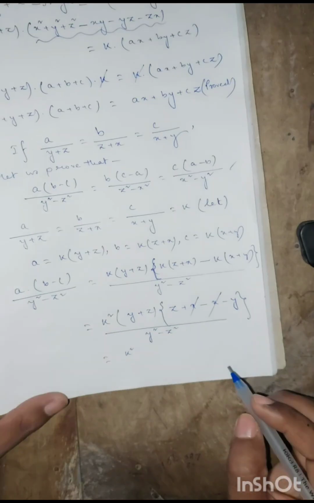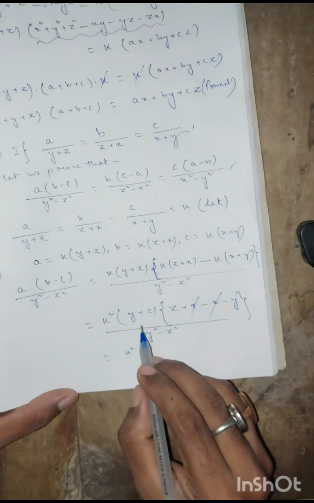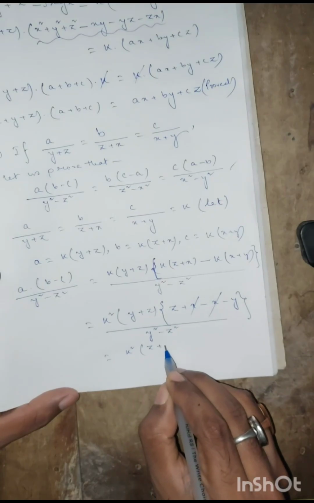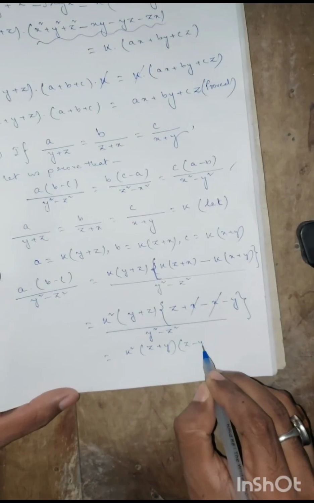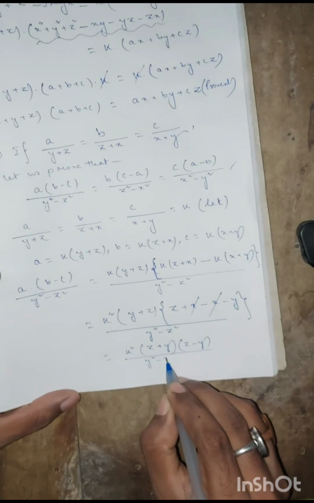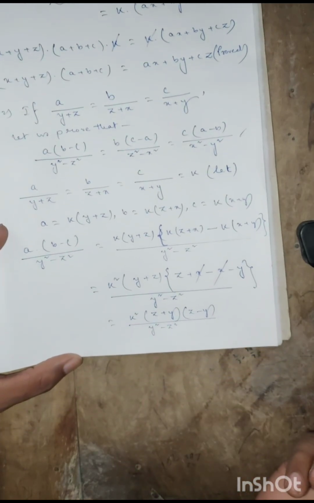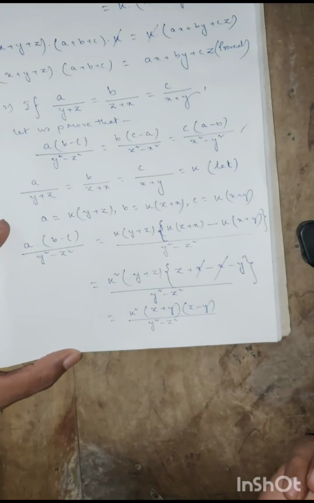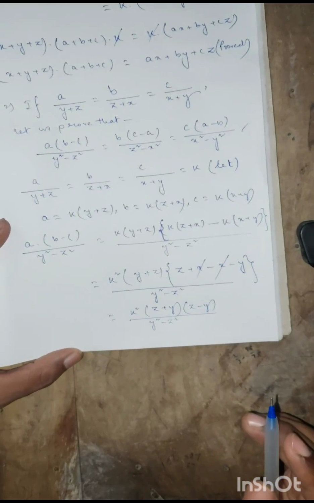So we can write (z plus y) into (z minus y) by (y square minus z square). I hope this part is clear to you and you are able to understand the calculation.